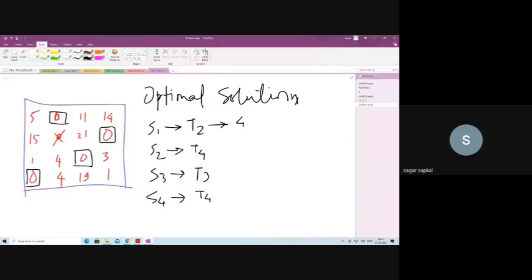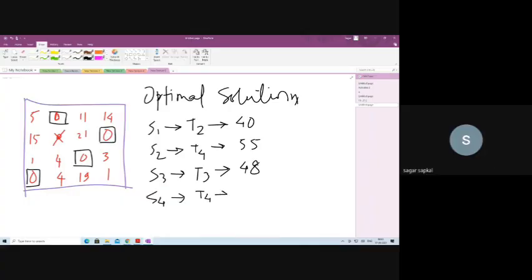What is the value at the 2-4 cell? 55. Then the 3-3 cell? 48.